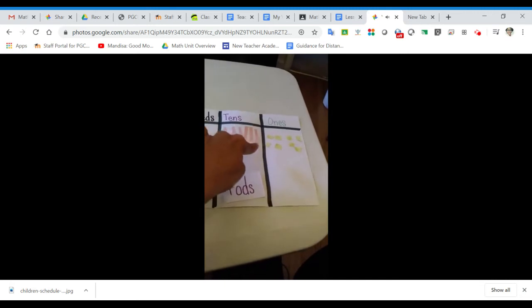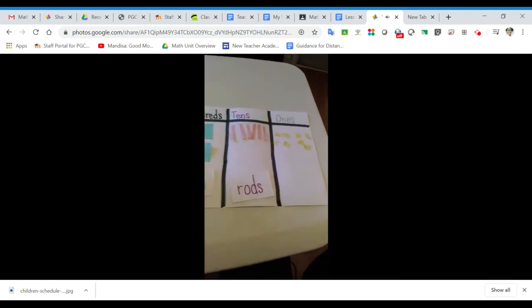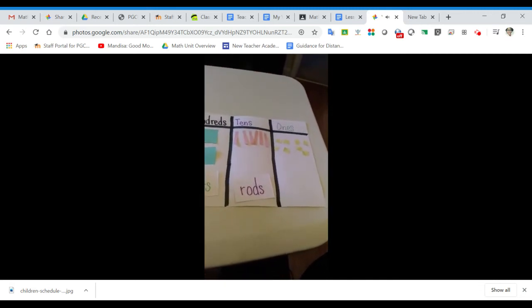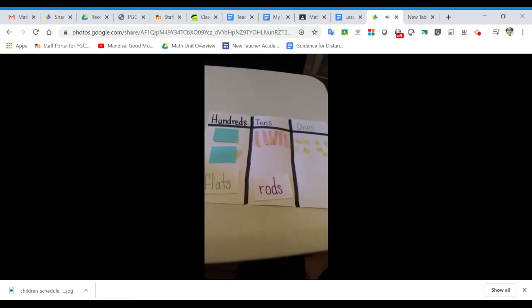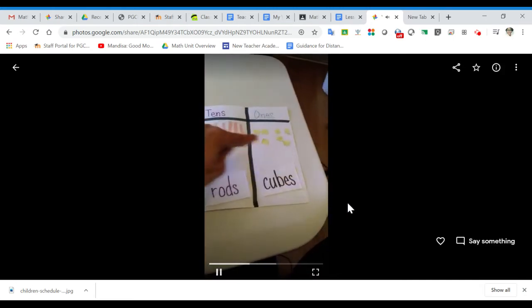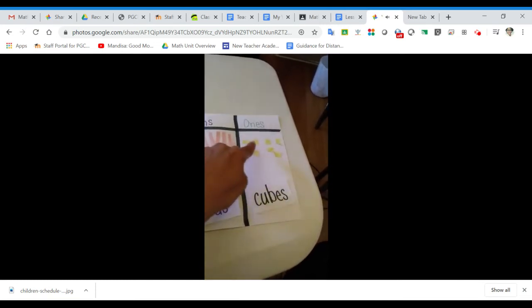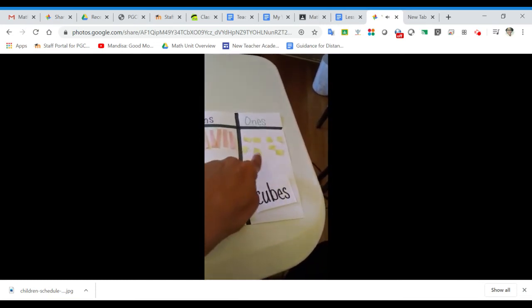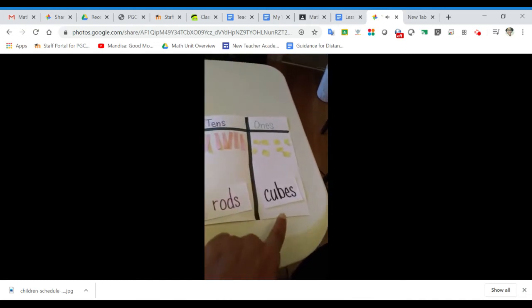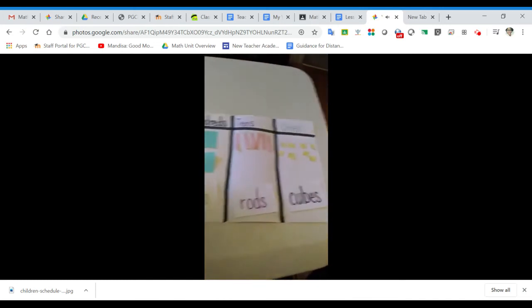There are 6 rods in the tens place. And then we're going to call the last set of manipulatives cubes. There are how many cubes? 1, 2, 3, 4, 5, 6, 7, 8 cubes in the ones place.